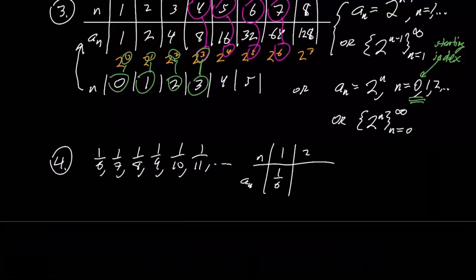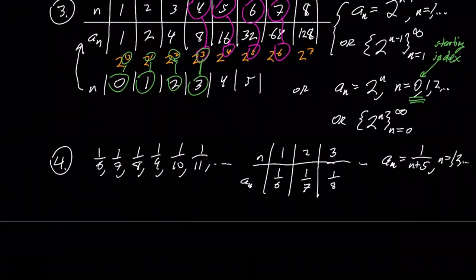When n is 2, a sub n is 1/7. When n is 3, a sub n is 1/8. And so on, and you could eventually see that a sub n is just adding 5 to the denominator, starting at n equals 1.